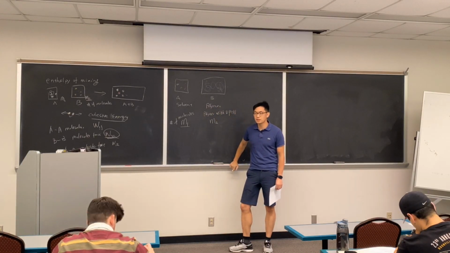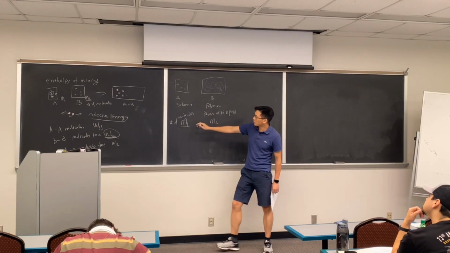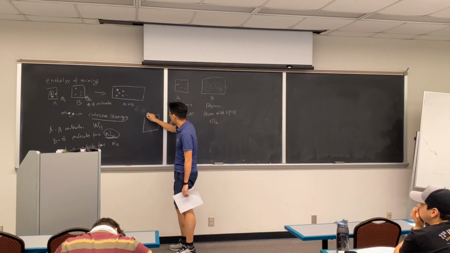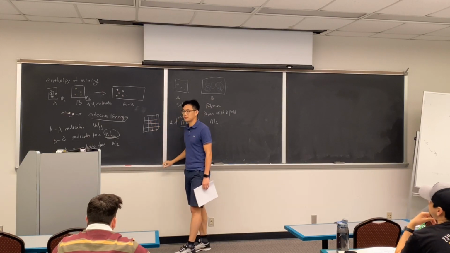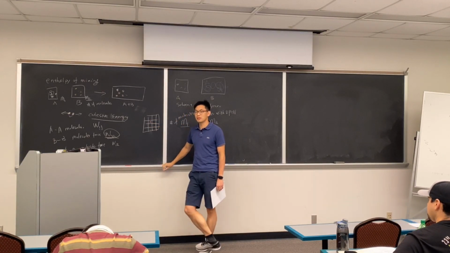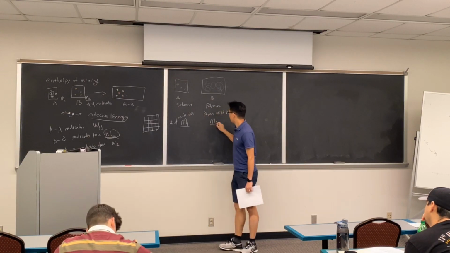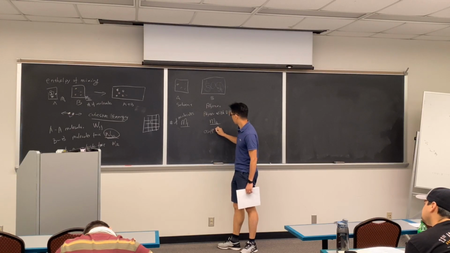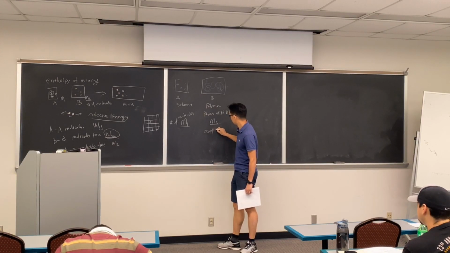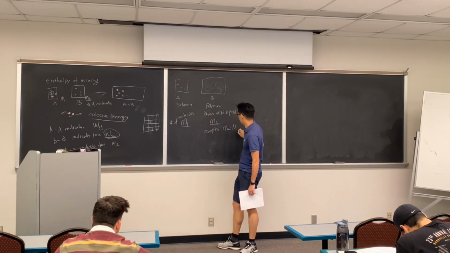But we now need to consider the volume difference. In the last case, we basically said n1 and n2 both occupy one beautiful lattice site. But now it's a polymer, so we need to consider more lattice sites. If we have degree of polymerization n, this now occupies N2 multiplied by N number of lattice sites.